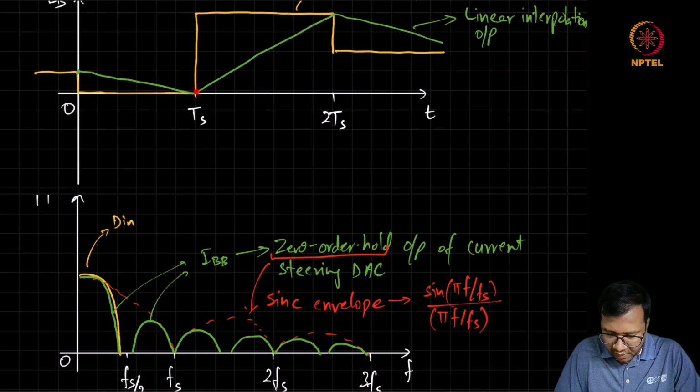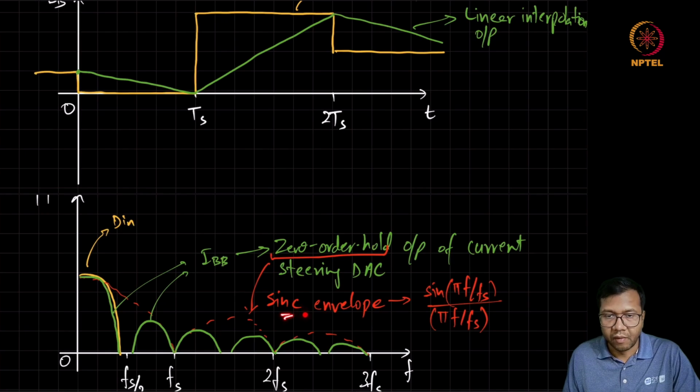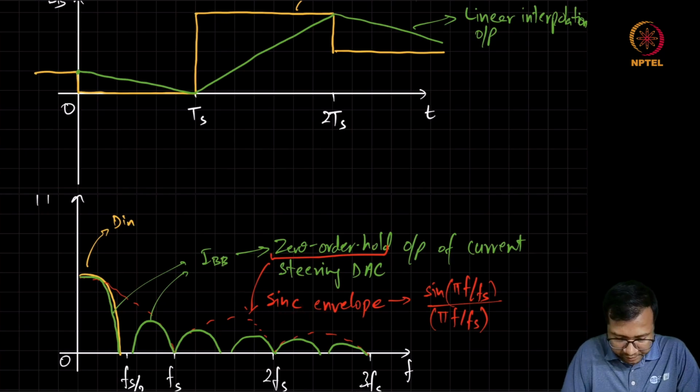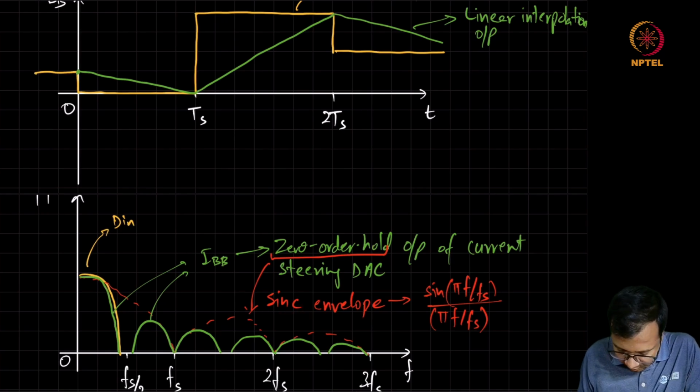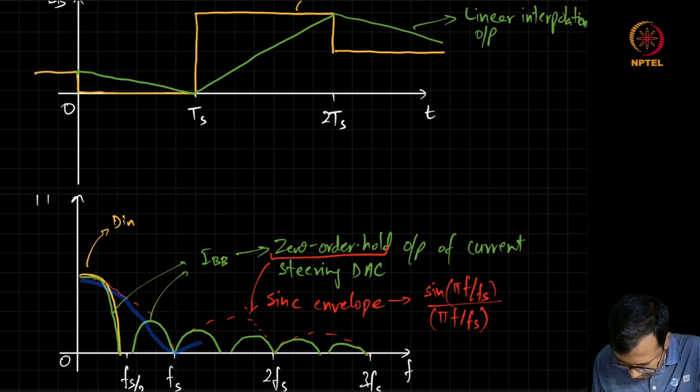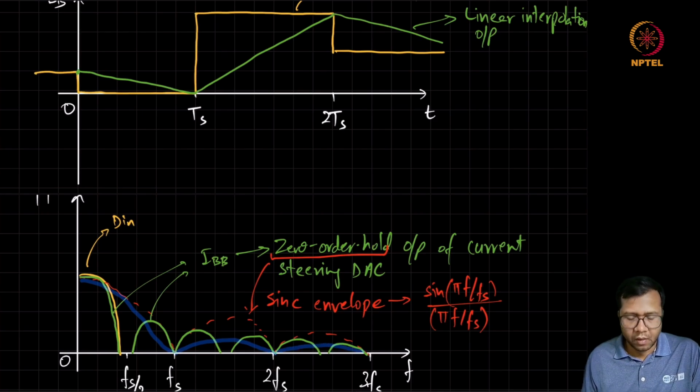Whereas for the linear interpolation, we will find that the filtering is having sync square envelope. So the envelope is going to look lower than the sync.